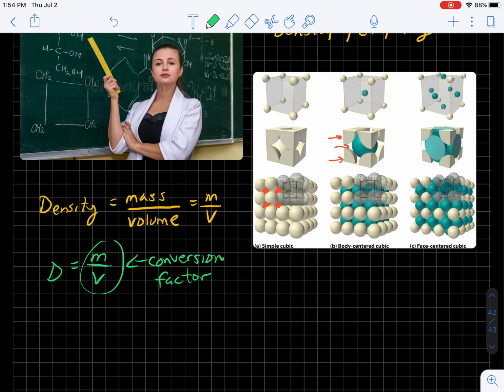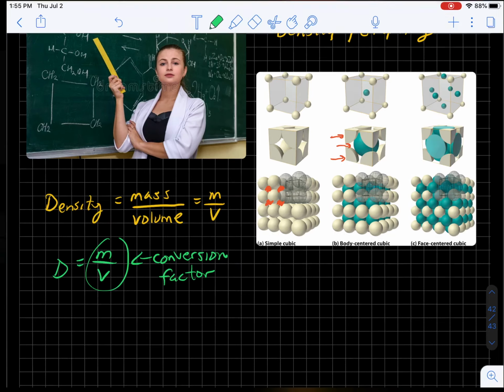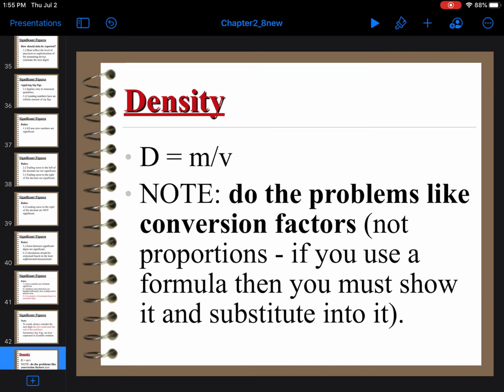So we have really two techniques we can use to solve the problem. We can either approach the problem from a formula-based perspective, or we can approach the problem using conversion factors. I prefer conversion factors because there are things that you have to use conversion factors for, and it's good to get used to the technique. But since you're trying to get an A, whichever technique works for you is what you should use. So I'm going to approach the problems both ways.